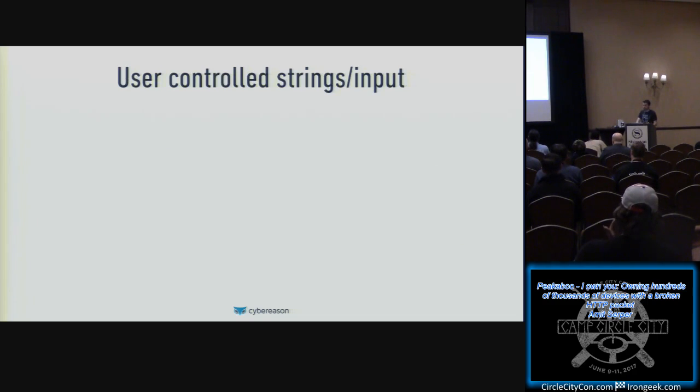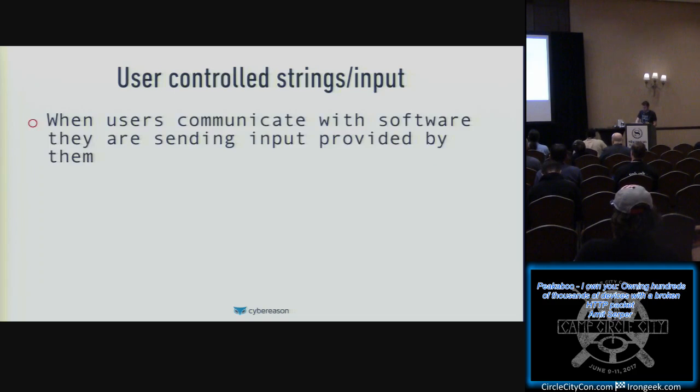So let's talk about user-controlled input for a second. As we all know, when we're doing vulnerability research, the easiest thing is to look for where the user interacts with the program. If we can affect something in that process where a user interacts with the software and says, okay, I want you to do this, if we can tell the program that we're talking to do something else with the input that we're providing, then it means that we can change the way things are acting.